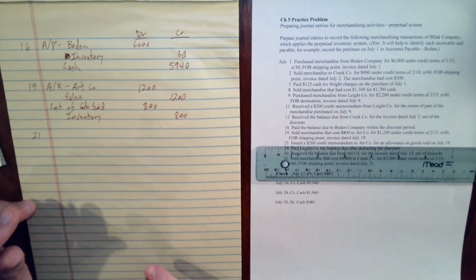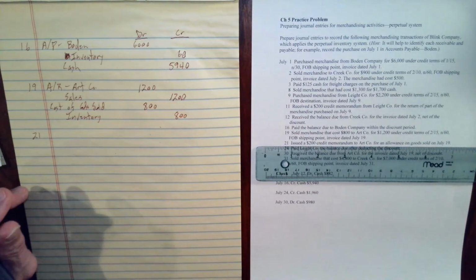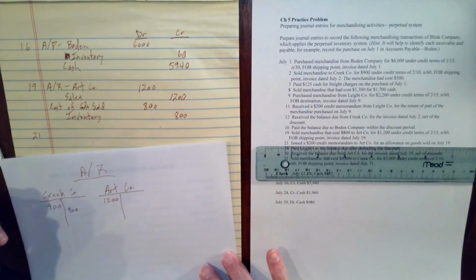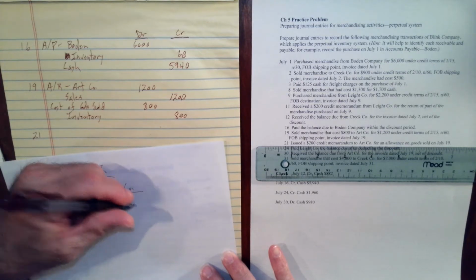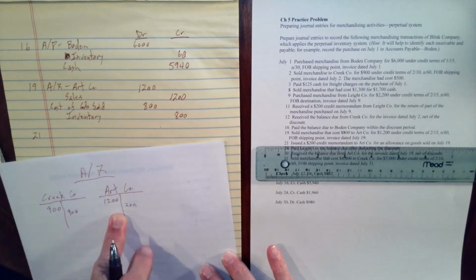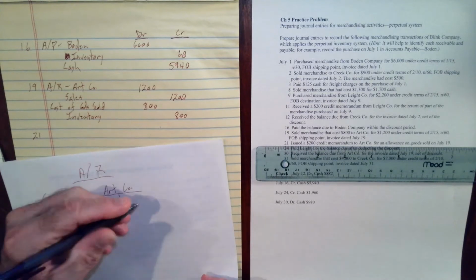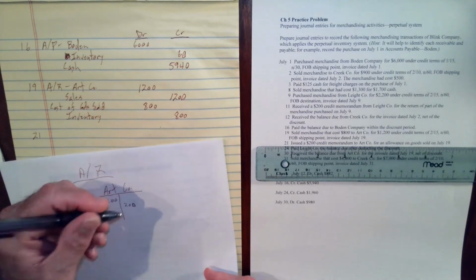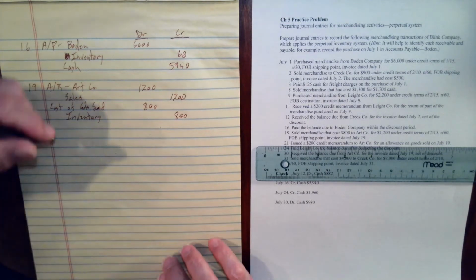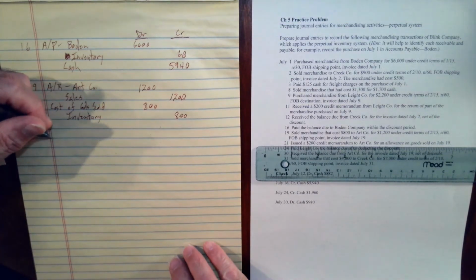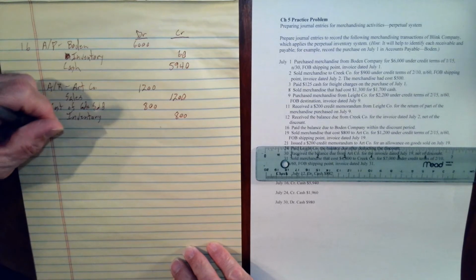So we will credit their accounts receivable for that $200. They don't owe that anymore. Now they only owe $1,000 net. Okay, because we just gave them a credit memo for $200. And so I will then hit a debit to what's called sales returns and allowances.